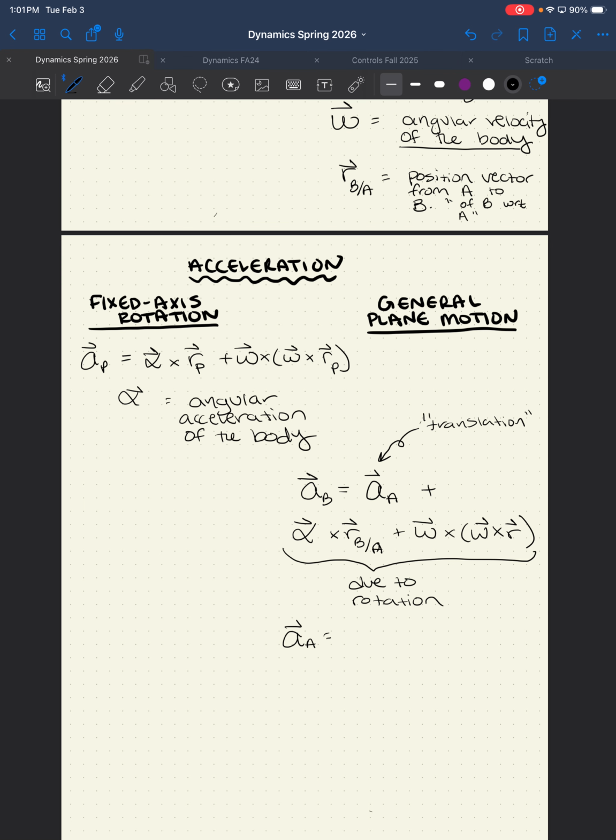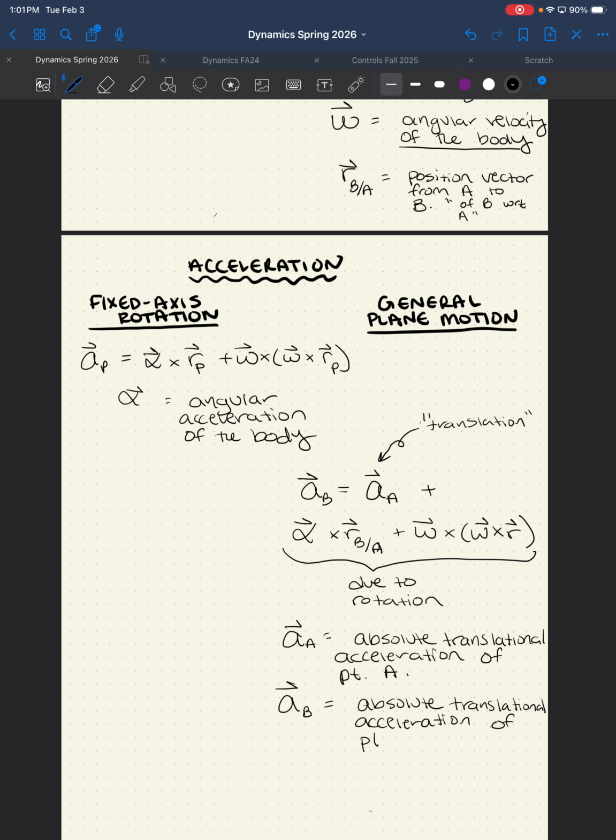Acceleration A here is the absolute translational acceleration of point A. AB, oops, there we go.